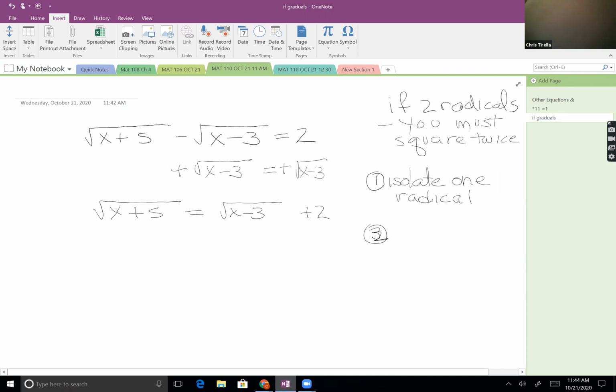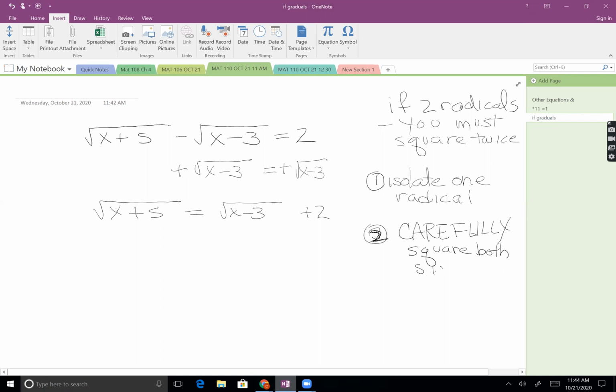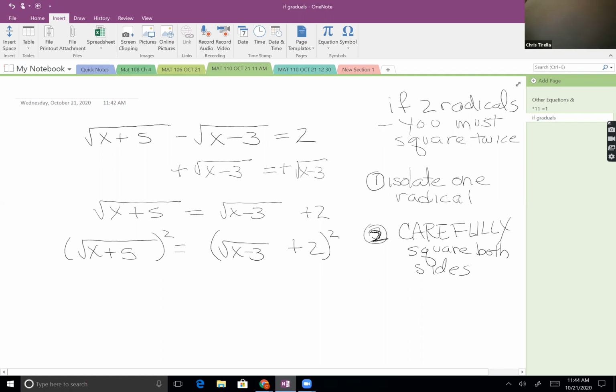Next step, what we have to do is carefully square both sides. Usually I just put the exponent on either side, but because I want everybody to see that this is like a separate step, I'm going to go through it. I'm going to rewrite it with the exponent on either side.